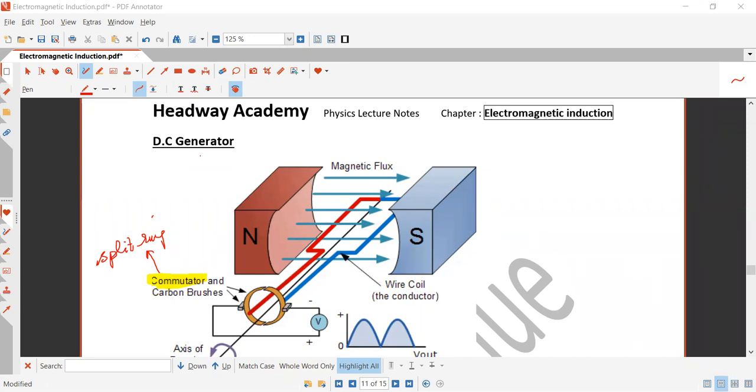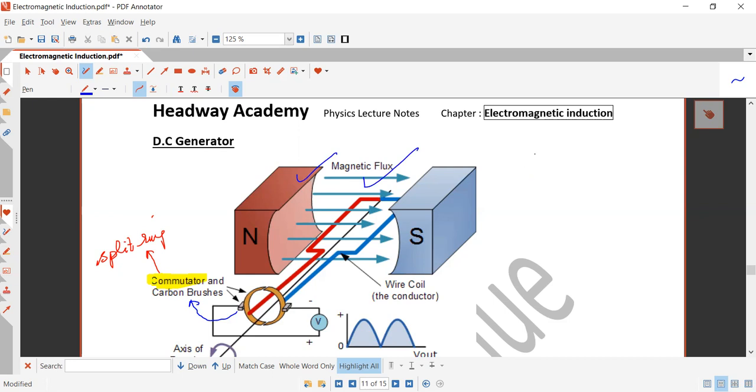Okay, students? Right. In the AC generator, we used to use slip rings. That was a full ring. But here, students, it's going to be half ring connected to one terminal and half ring connected to the other terminal, right? Carbon brushes are there. Same. Magnetic field is there, coil is there.